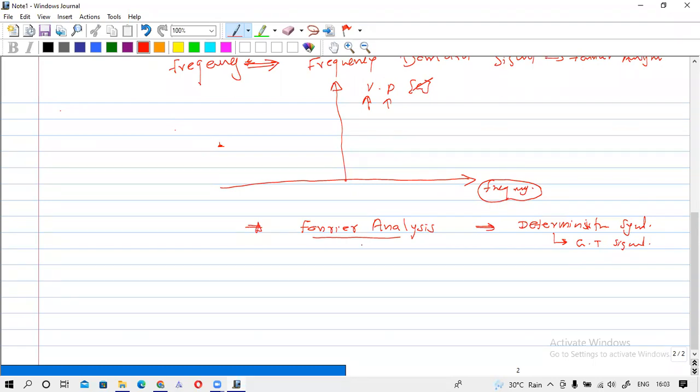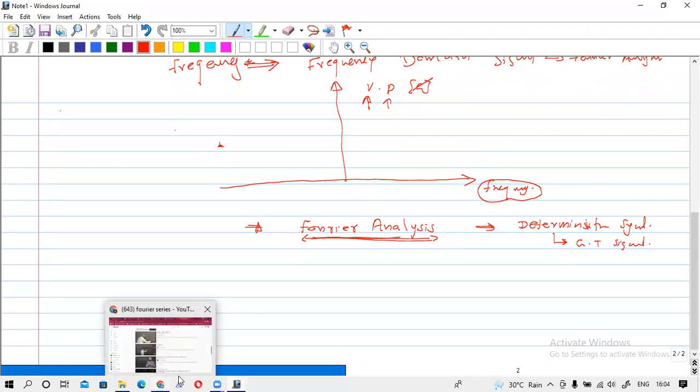So if you consider this Fourier analysis, there is a history for it. It was introduced by a scientist whose name has the Fourier part.